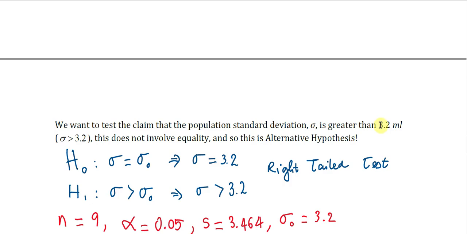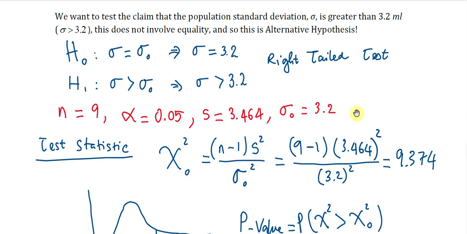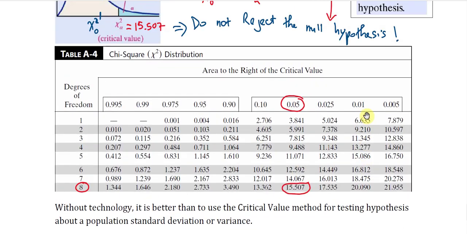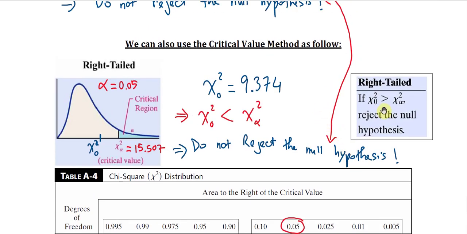We cannot say that. Okay, so that's how you do the testing for a population standard deviation or variance. In this case, it is the standard deviation. And thanks for watching.